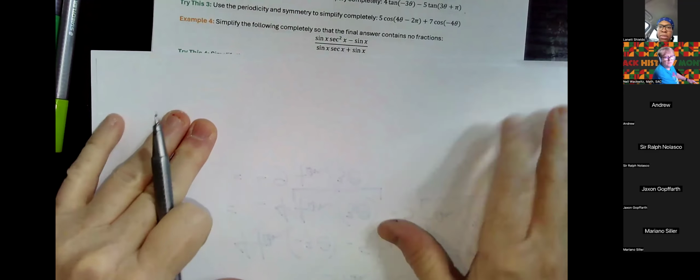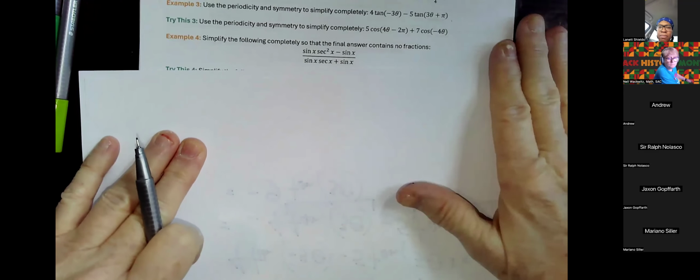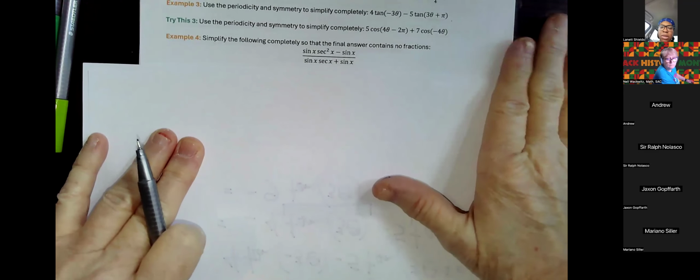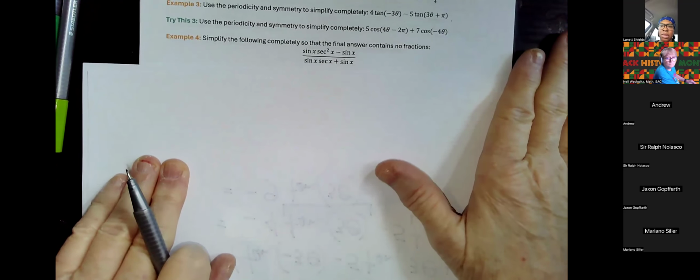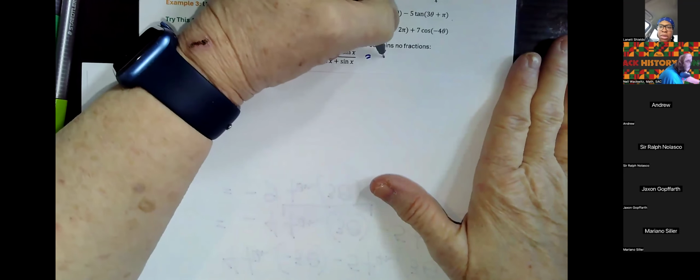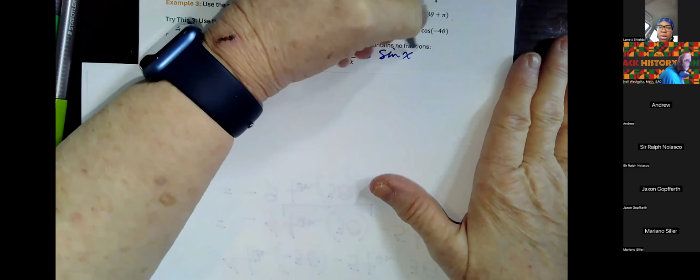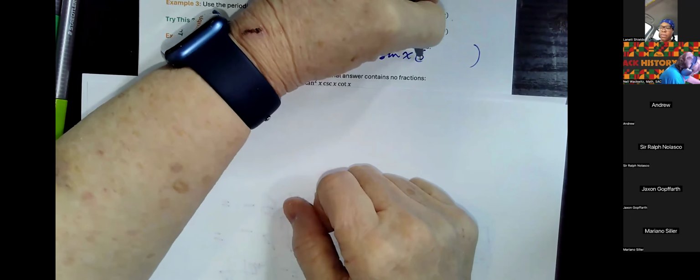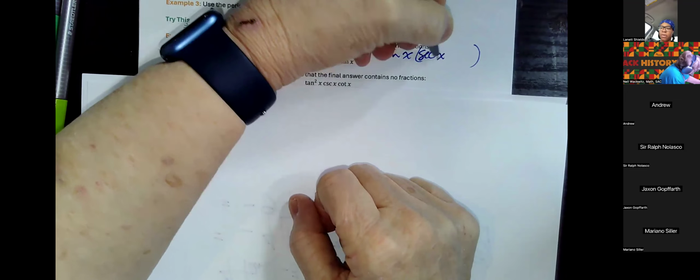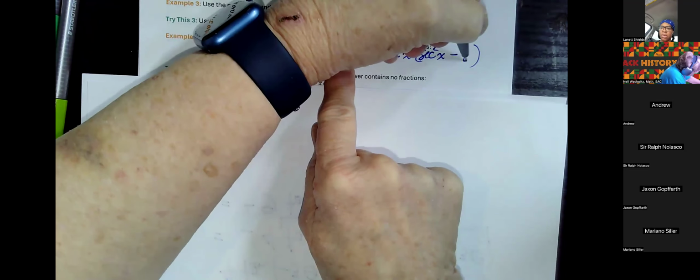So what do you want to factor? It looks like we could factor a sine x out. We'd be left with secant squared x minus 1. And what about in the denominator?